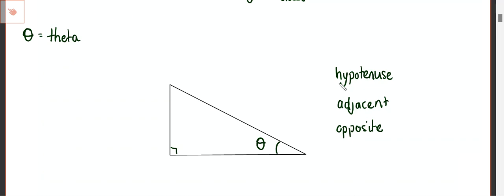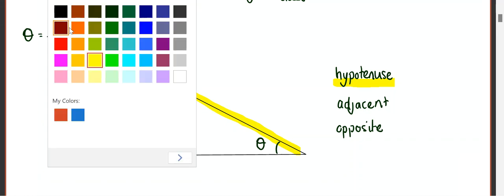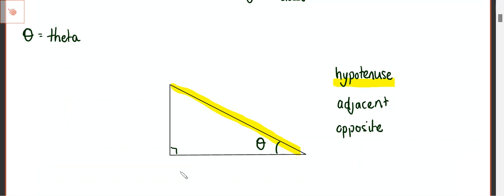The hypotenuse is C from before, the longest side. That's always the hypotenuse, and just like C before, it's the one that is opposite the right angle.